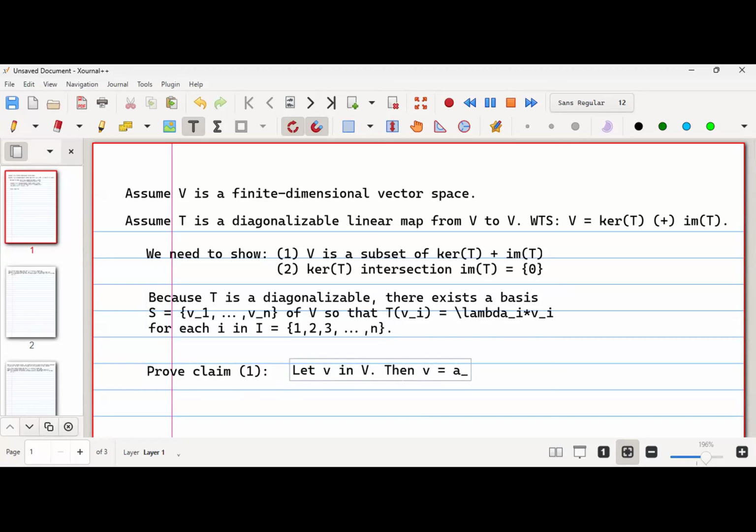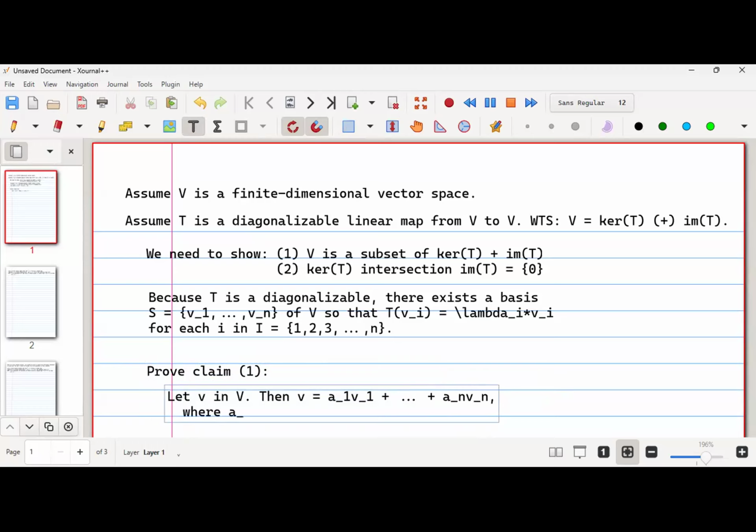So v is just a_1 v_1 plus up to a_n v_n, where a_1 to a_n are in F. F is the field that V is defined over.